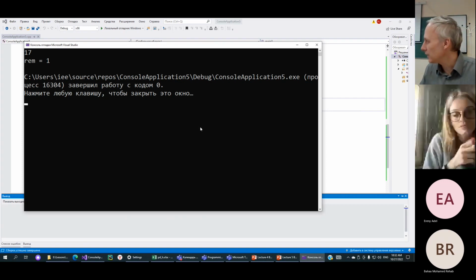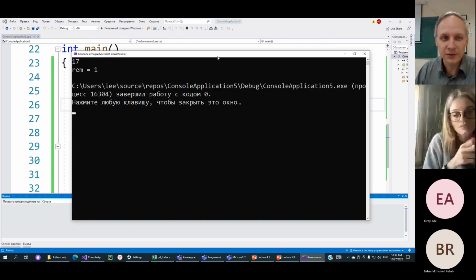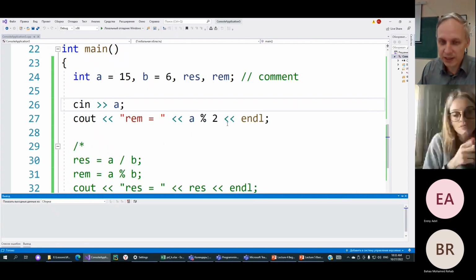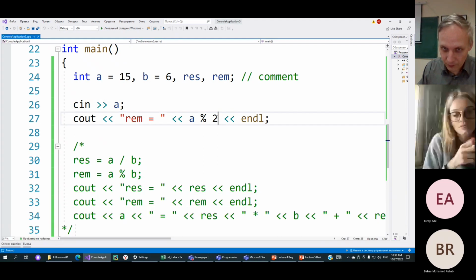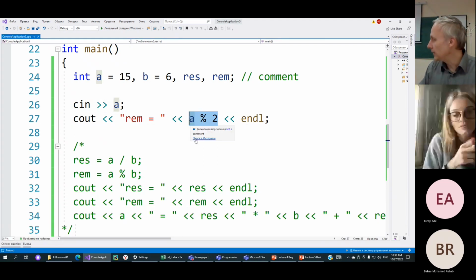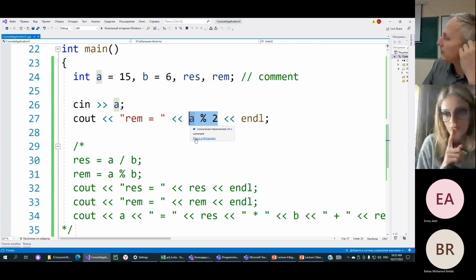We can see on the screen as a remainder only 0 or 1. And in this case, this result can be used to check: is this number odd or even?